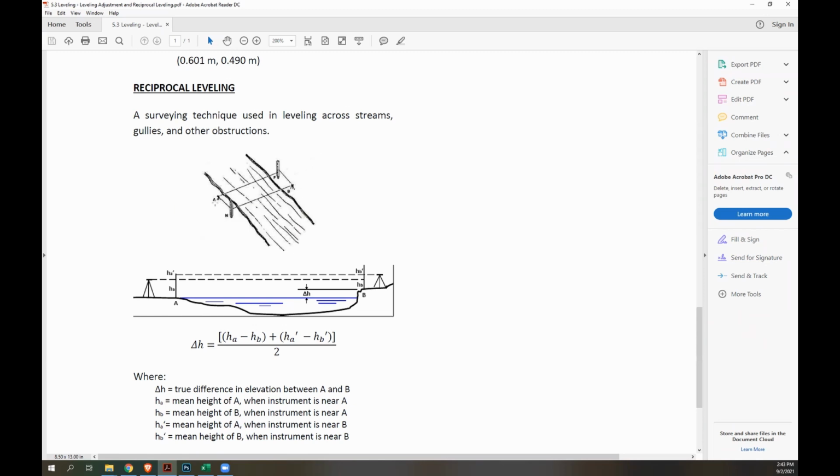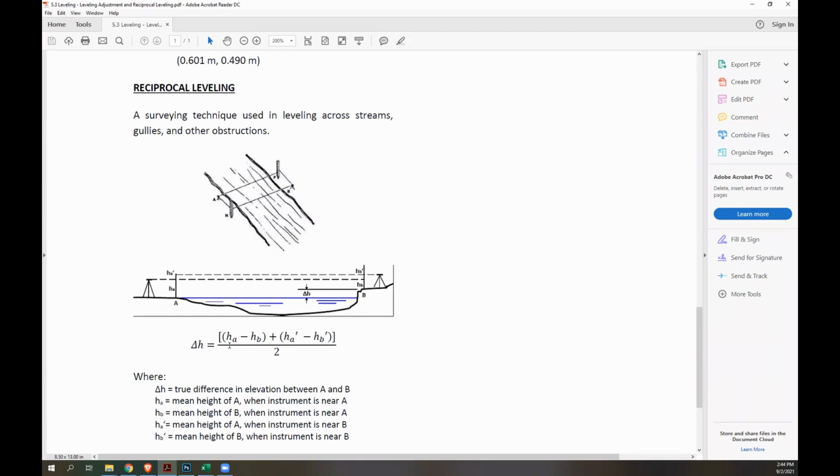You set up a leveling rod on both sides and set up your precise level on one side. You take your readings on both leveling rods, and record that. That would be your HA and HB. Then you move your instrument to the other side and take readings on the same leveling rods. You have your HA prime, HB prime. So you get 4 sets of heights.